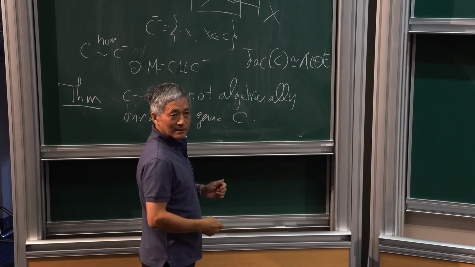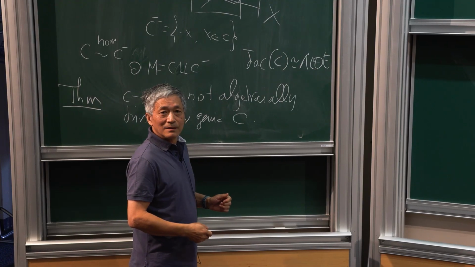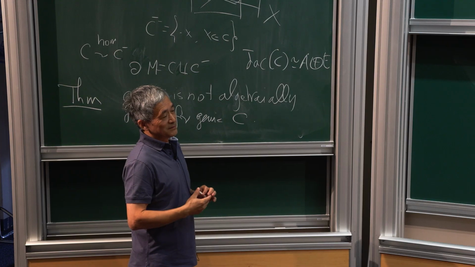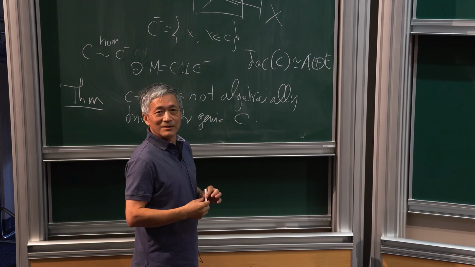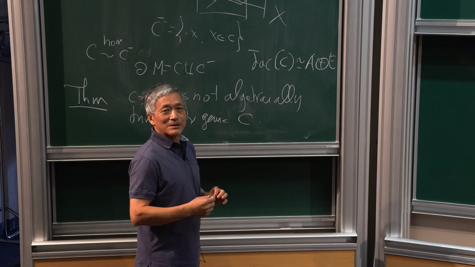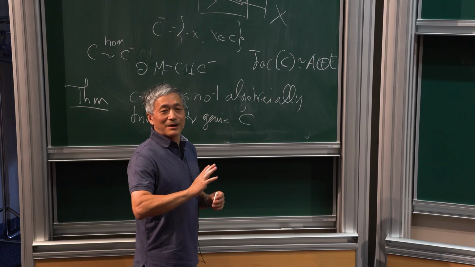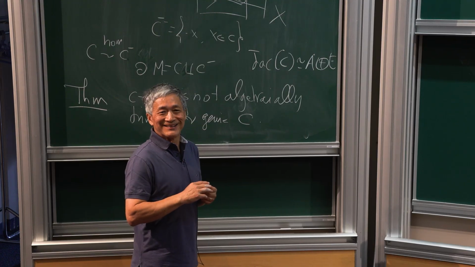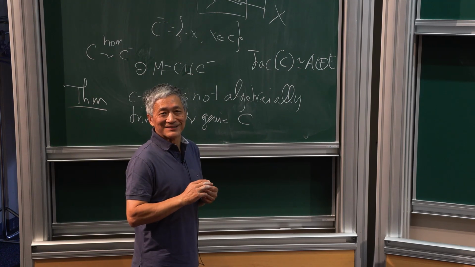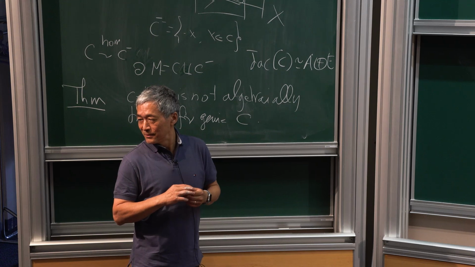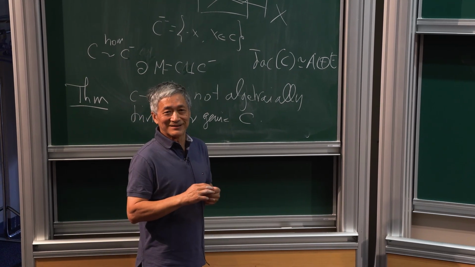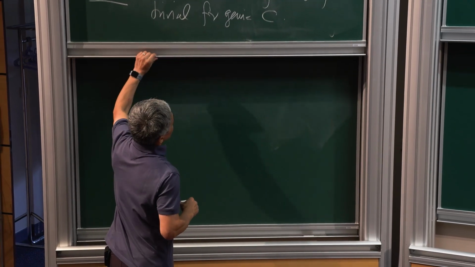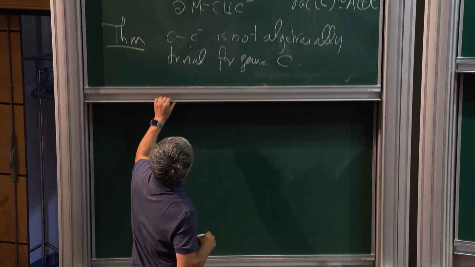Someone asks whether generic means outside a countable union of some varieties. Generic is in the complex topology, so it's high transcendence, maximal transcendence. So this is his proof.